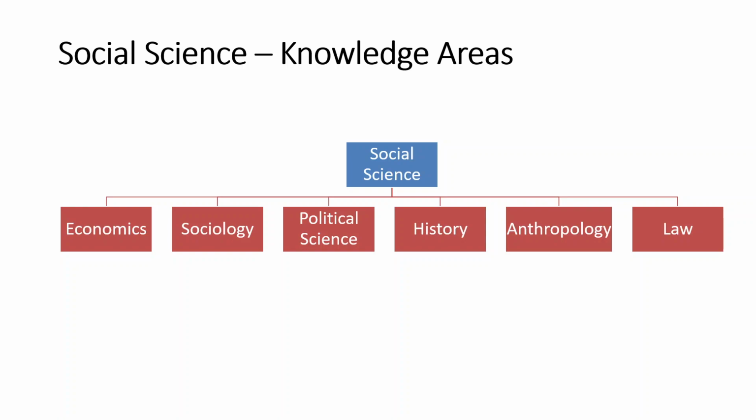We have economics, sociology, political science, history, anthropology, and law. You can see that we are looking at the interactions in the economic sense, the social sense, the political sense, the historical sense, and also the well-being of these people in the sense of laws and other things.